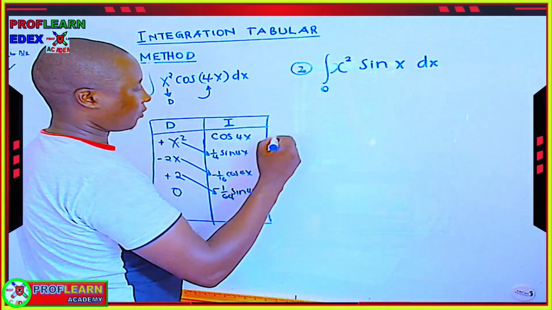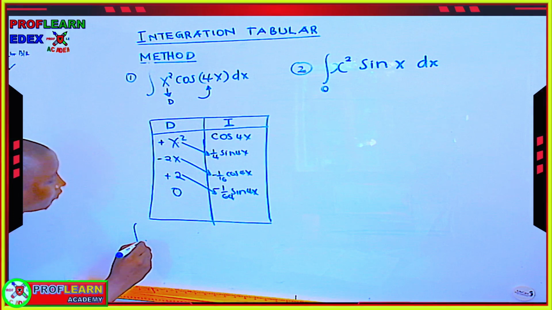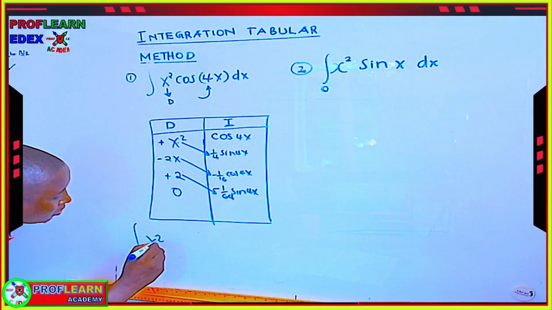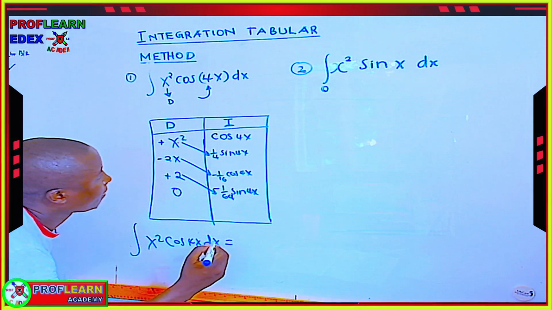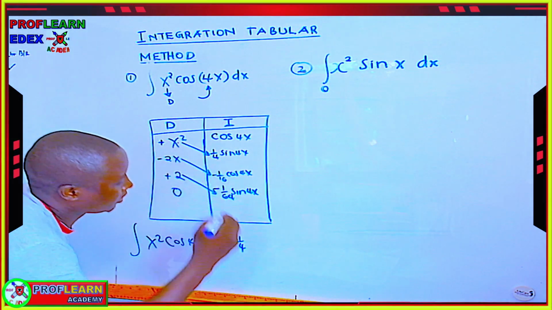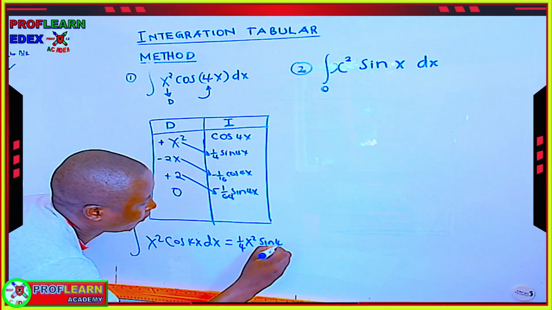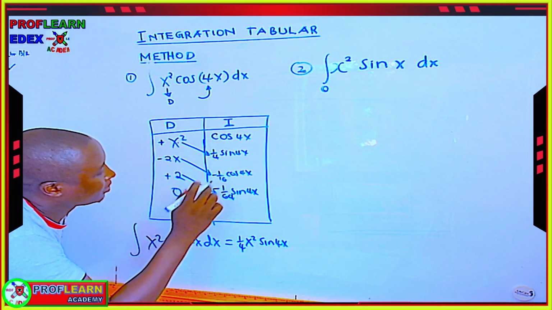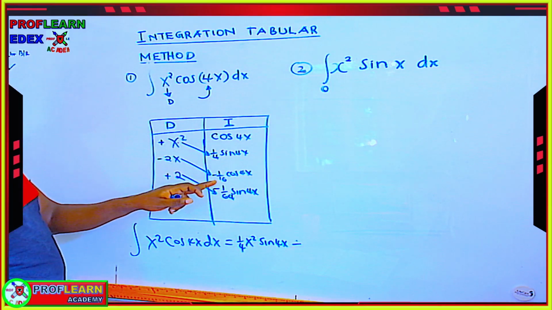So we shall say, therefore, this integral that we were having here, the integral of x power 2 cos 4x with respect to x becomes 1 over 4, because if we multiply this and this, it will be 1 over 4 x squared sine 4x. This time this will be plus, because this is a minus times a minus, it will be positive.